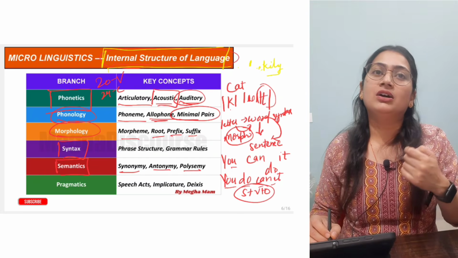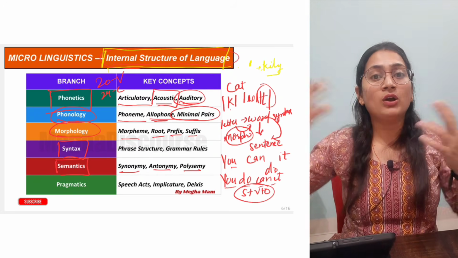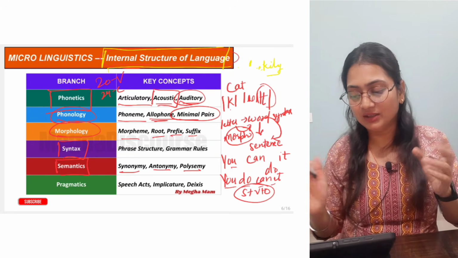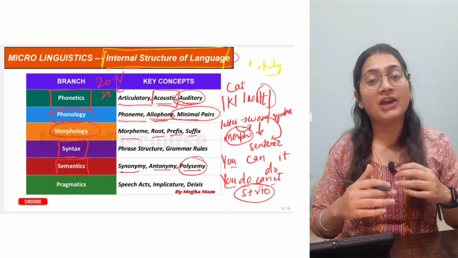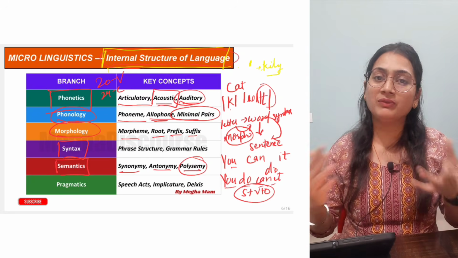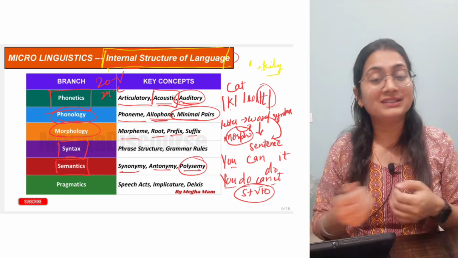For example, synonymy: for big, I can use huge, large, enormous. Then antonymy, the opposite one, like big, small. Then we have polysemy, one word having multiple meanings, like bank. A bank is for financial purposes, bank is for a river. So this is polysemy, homonymy. So these are called semantics.